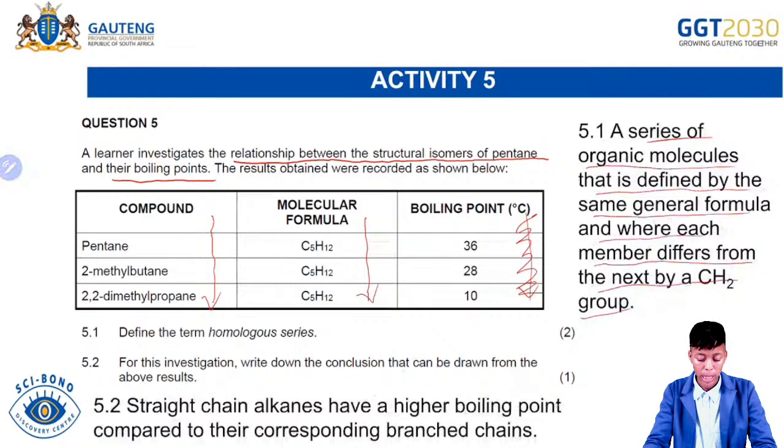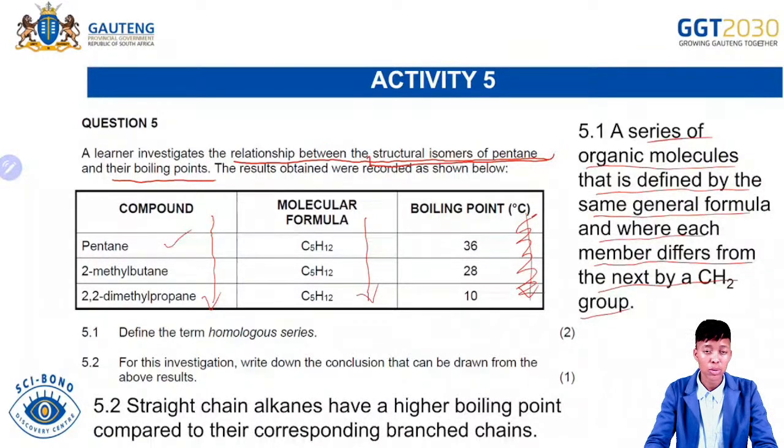So what is it that we can observe here? Remember the question said that we have structural isomers of pentane. So pentane is a straight chain. The second one is a butane, meaning it has 4 carbons, and on position number 2 we will have a CH3 group.